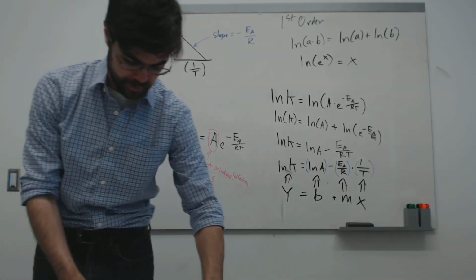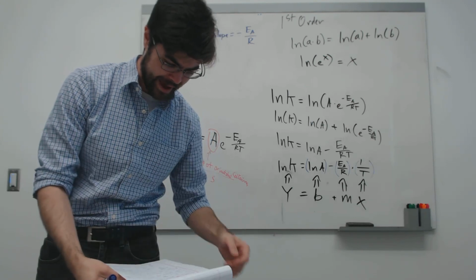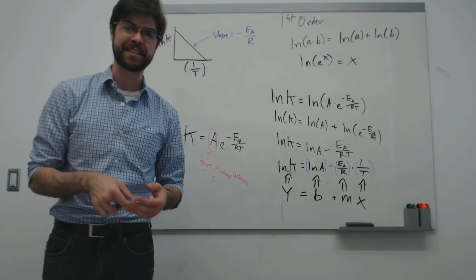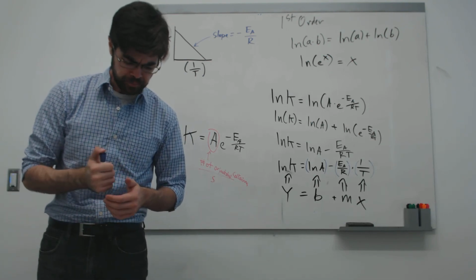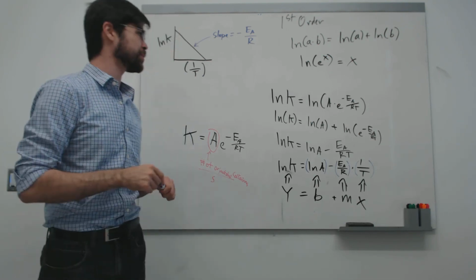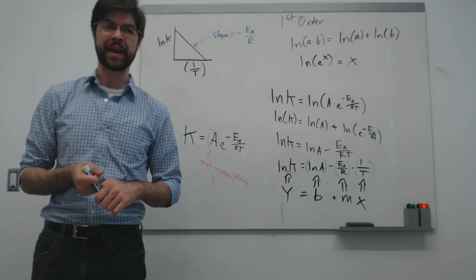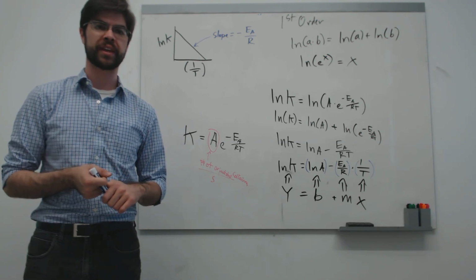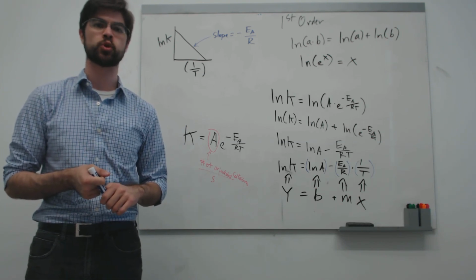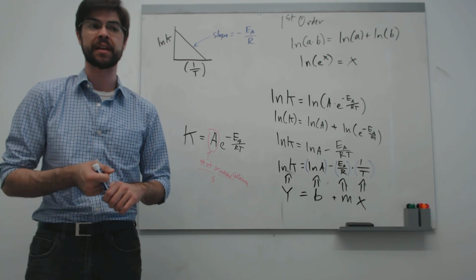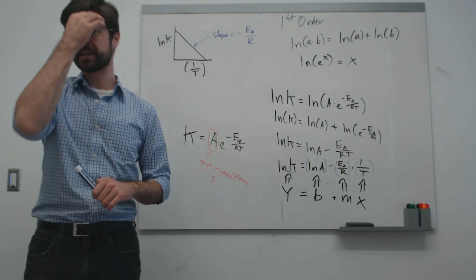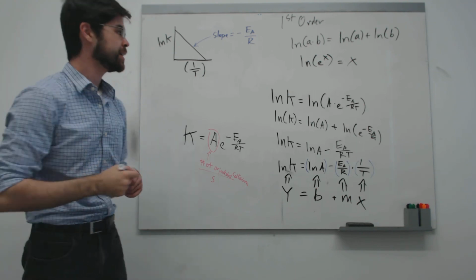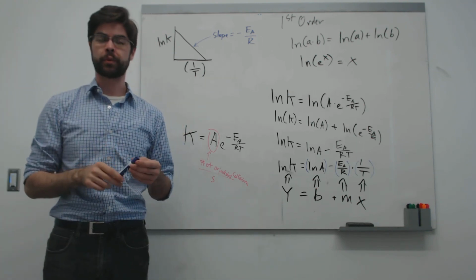That was another question somebody had. What is R? R is the gas constant, and yes, it is the gas constant from the ideal gas law. That can be surprising to some people. We're not talking about gases, are we? We're talking about reaction rates. That's because even though it's called the gas constant, it applies to more than just gases. It's a fundamental constant, in the same way that c, the speed of light, and h, Planck's constant, were fundamental constants when we were doing quantum.